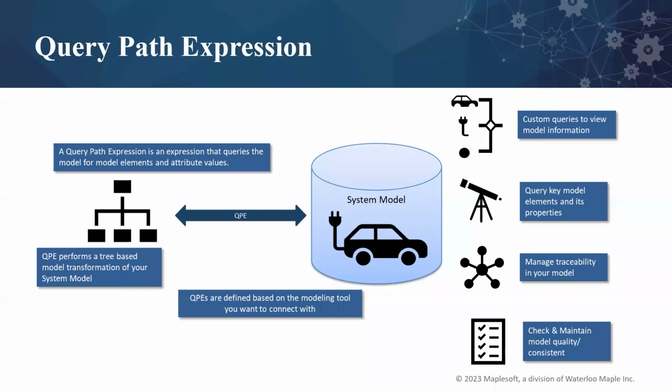For example, you can query your whole model to find constraint parameters that have not been assigned, or assigned with a specific data type and so on, or a requirement with certain tag values, like reviewed, or a requirement that has a tag value as accepted and so on. So you'll be able to define your own query. Again, all this is possible using the query path expression.